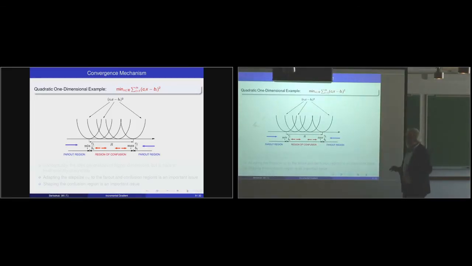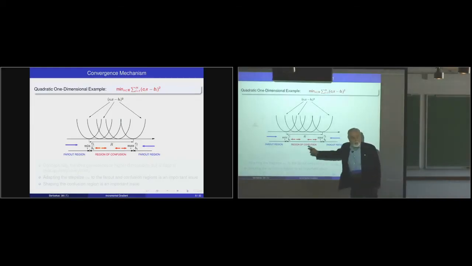So, in this far out region, to the right or to the left, the incremental method does things similar to the gradient method, but much, much cheaper, like day and night. We're talking about many orders of magnitude of improvement in terms of computational efficiency, as long as you are in this far-out region.